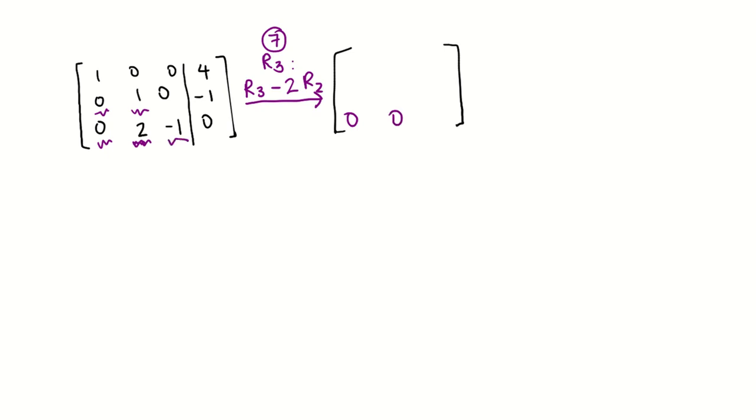Negative 1 minus 2 times 0 is negative 1. 0 minus 2 times negative 1 is negative 2. I'm sorry, positive 2. Because we're multiplying the row 2 by a negative 2. Okay, keep the other two rows the same.